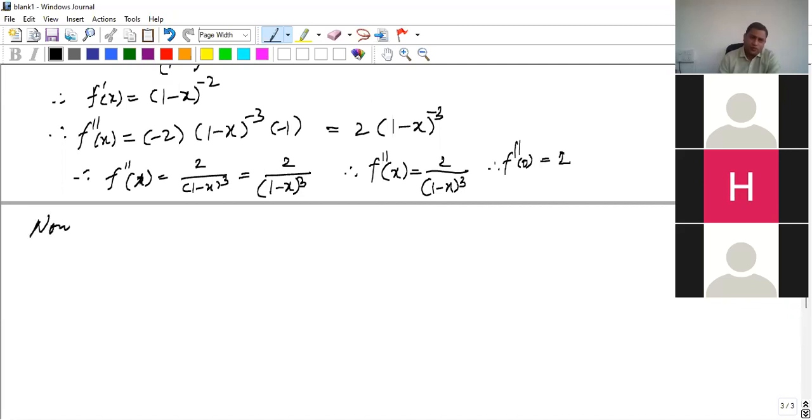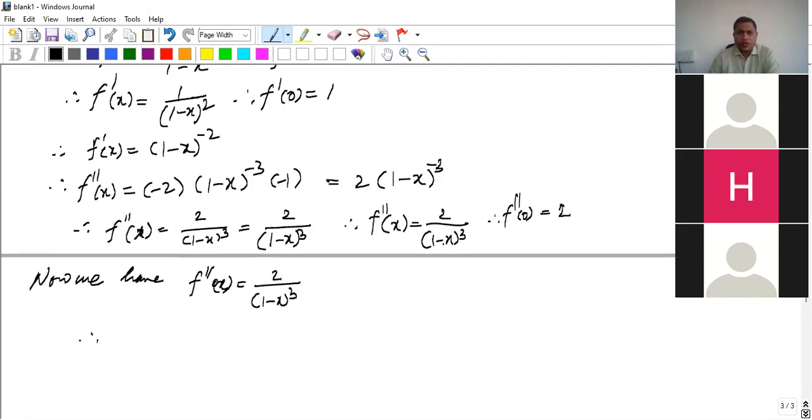Now we have f double dash of x equal to 2 upon (1 minus x) bracket cube. So we differentiate this again.